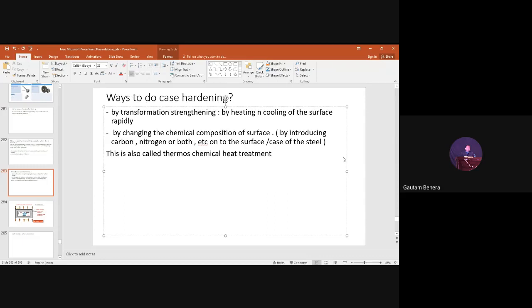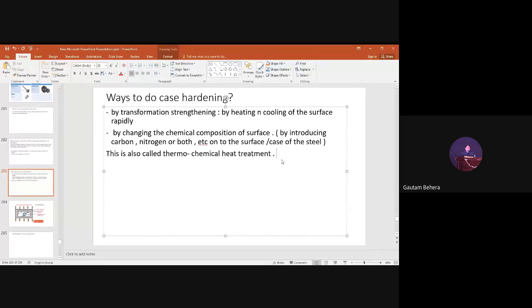Because thermo means heat is involved, that means heating and cooling is involved, and chemical means we are using some chemicals like carbon or nitrogen. We are not exactly using carbon or nitrogen, we are using some source of carbon and nitrogen. Or in general words, some people call it case hardening.